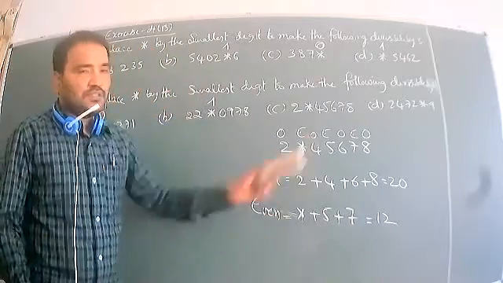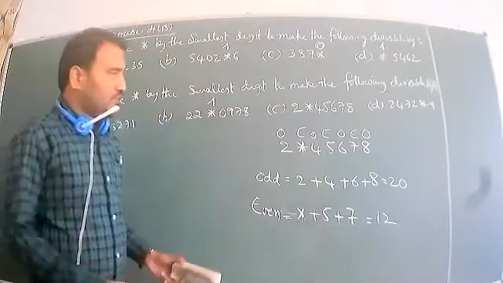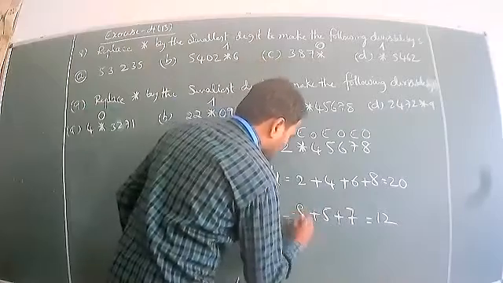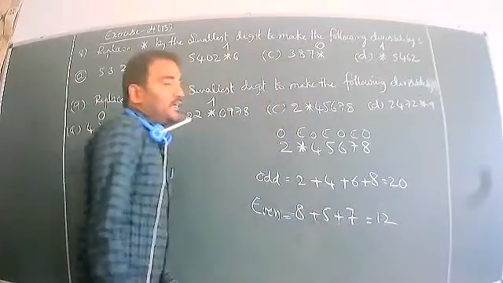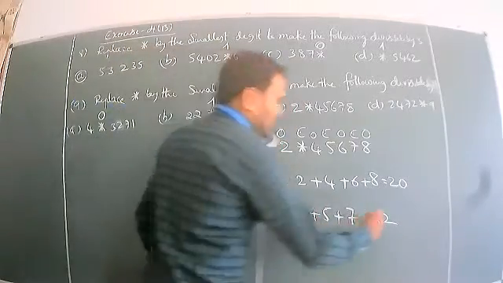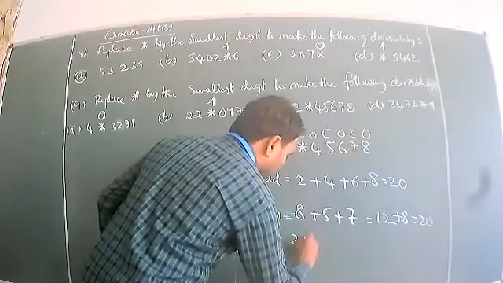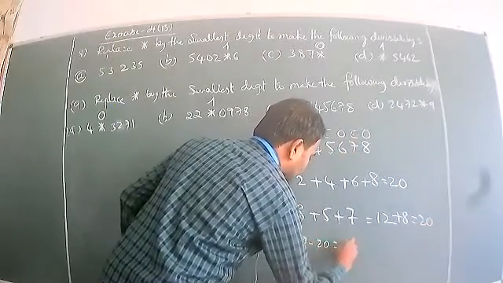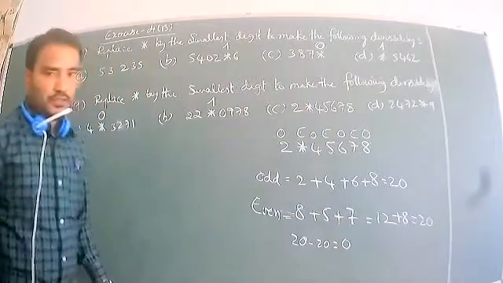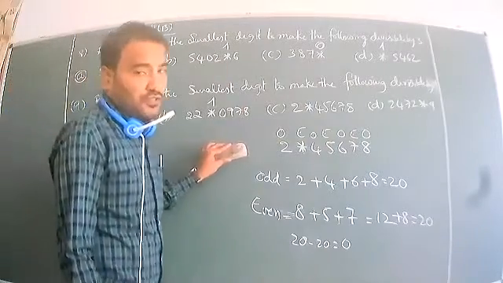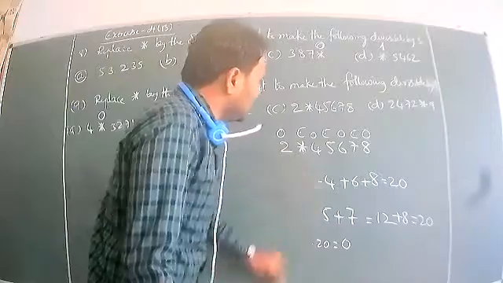To get 0, yes, we should add 8. Adding 8, we get 20. 20 minus 20 gives 0. Yes, 0 is a multiple of 11. So we should write here 8.